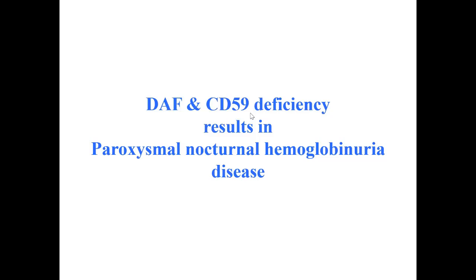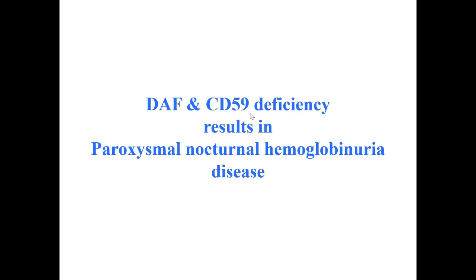For example, they are found on the surface of RBCs, leukocytes, platelets, and other cells in our body, and these two proteins prevent the cells from being destroyed by the complement system.